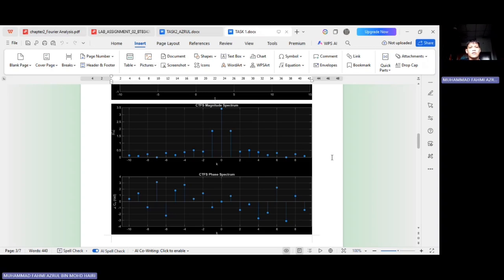To summarize, our analysis calculates the frequency spectrum ck from our isolated period, and our synthesis targets the time signal by mapping out how the signal behaves across continuous time. Together, they showcase both sides of the continuous-time Fourier series.